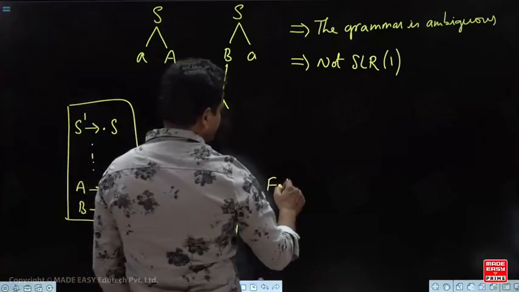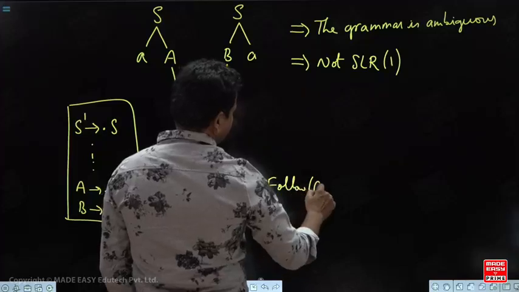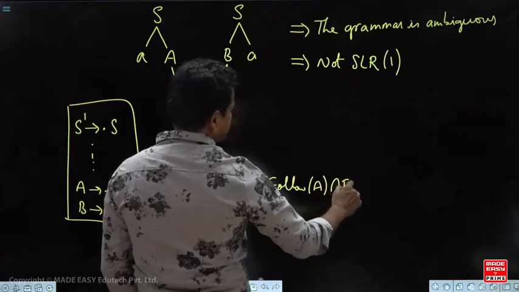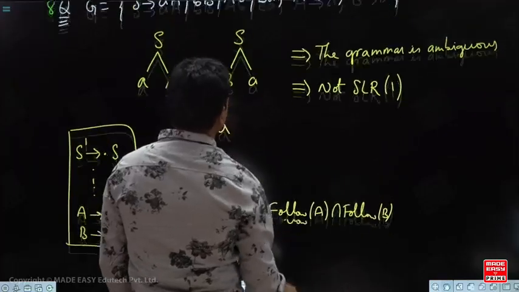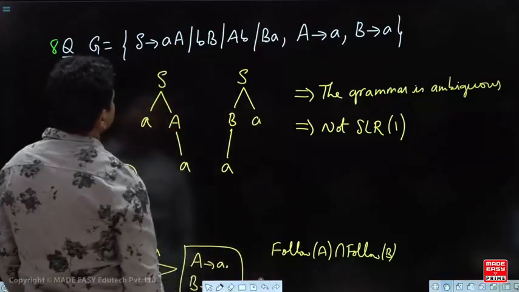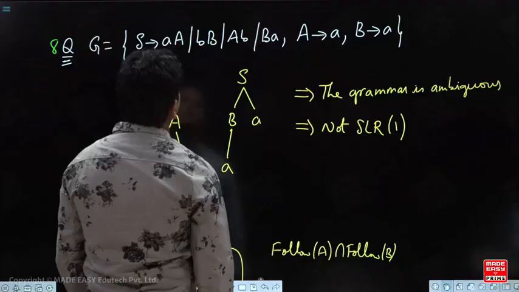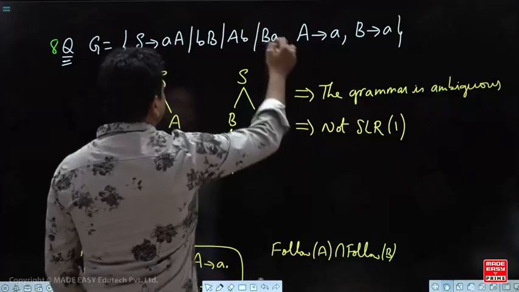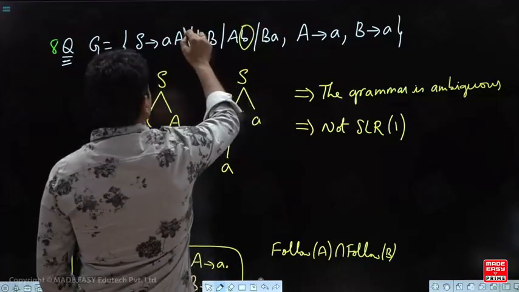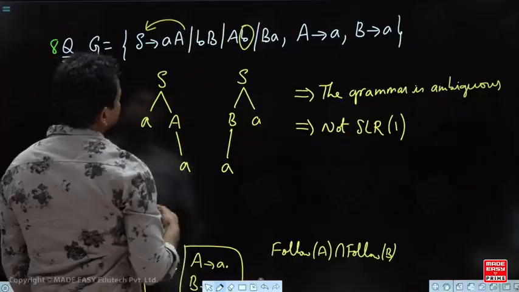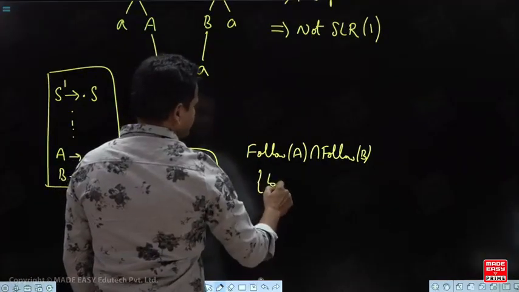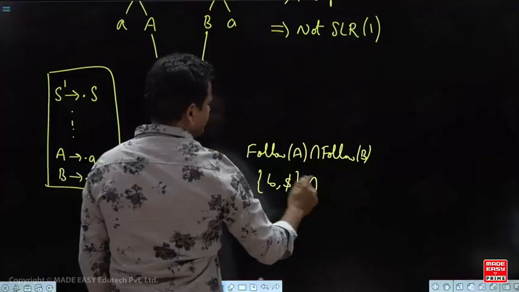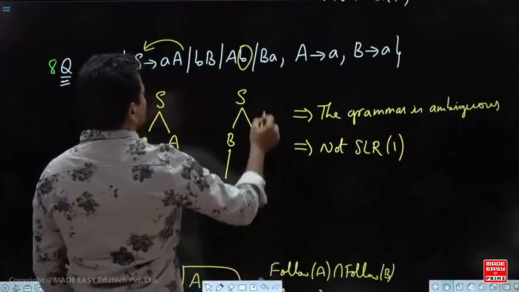Then go for follow of A. Is there any matching of follow of A and follow of B? If no matching, then go for the expansion of the rest. What is the follow of A? It is B and also follow of S. Follow of S is dollar. So B and dollar. What is follow of B?